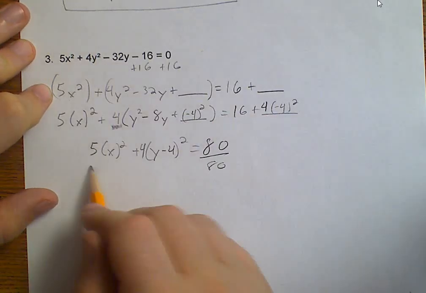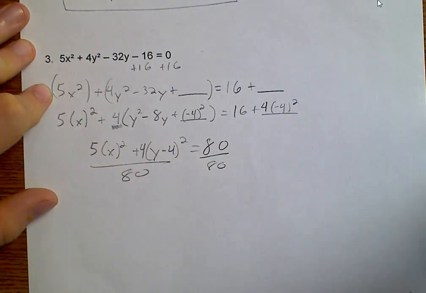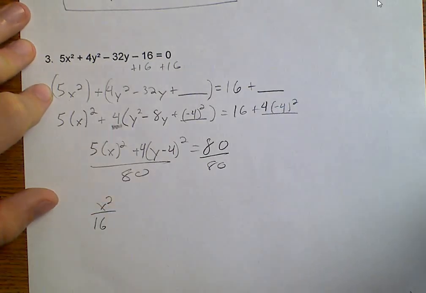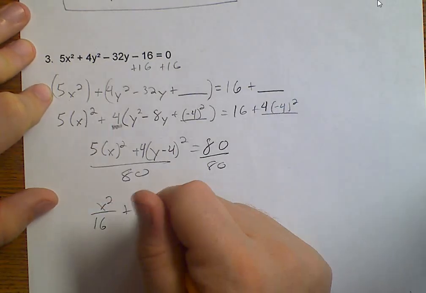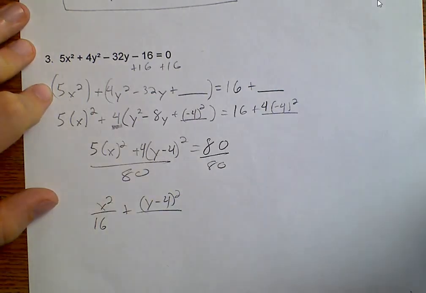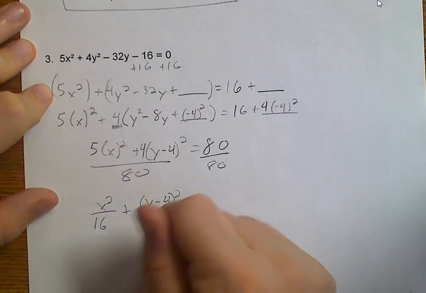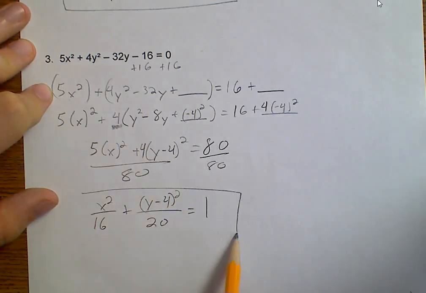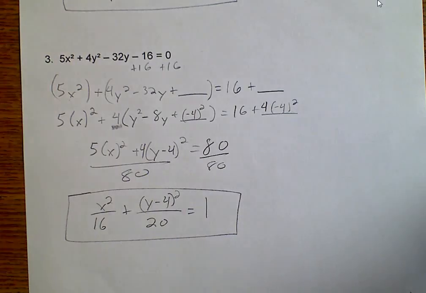Divide everything by 80. Well, 80 divided by 5 gives us 16, so we have 16 on the bottom. And 80 divided by 4 is 20, so we have 20 on the bottom. And this equals 1. And so this is the ellipse form for number 3.